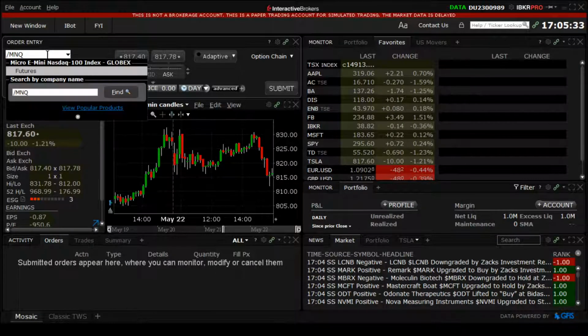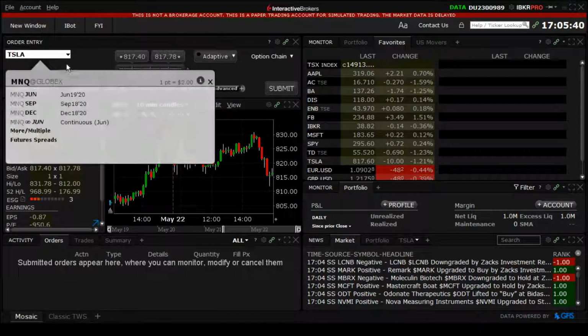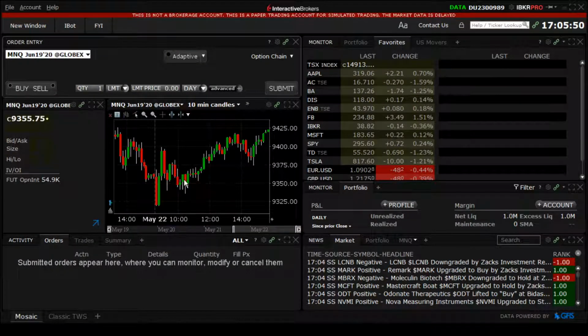That's a very common one. It's the smaller one, and we can see that's the micro E-mini NASDAQ 100 index, and you can select your month. Futures contracts have different months. You almost always want to click the most current one, and once you are on that, this is the chart for that security.